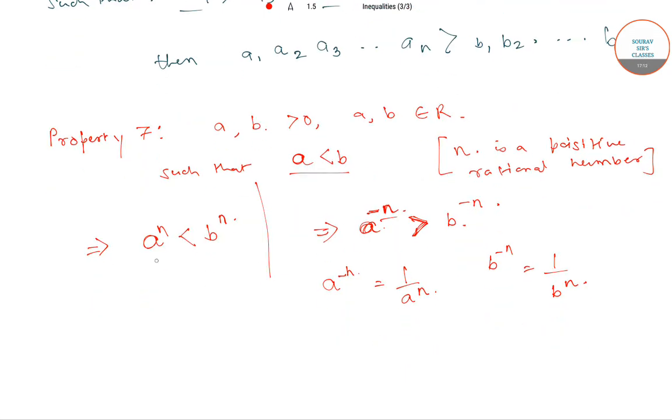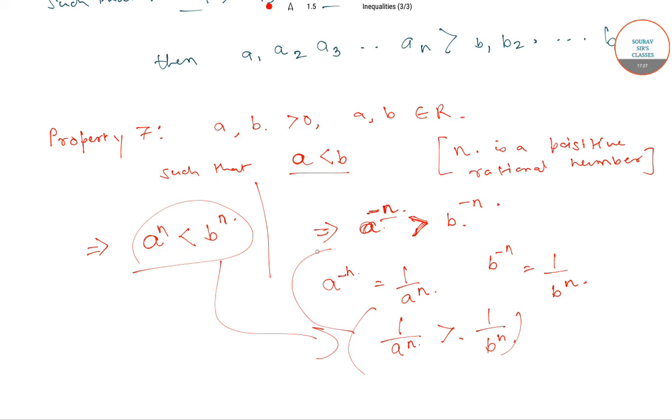Now if a raised to the power n is less than b raised to the power n, then 1 by a raised to the power n would be greater than 1 by b raised to the power n. So this would imply that a raised to the power minus n is greater than b raised to the power minus n.